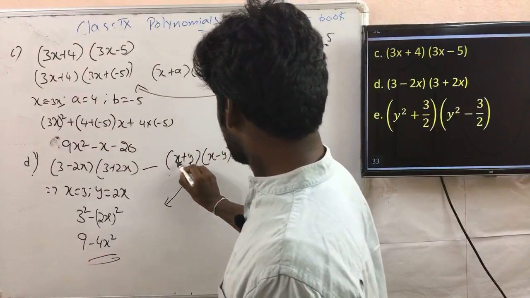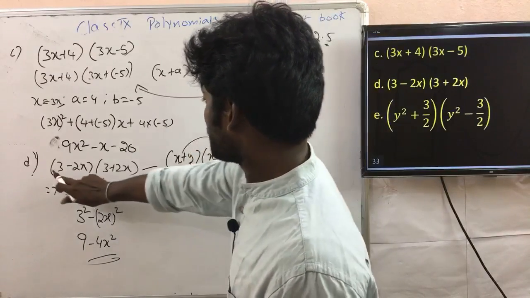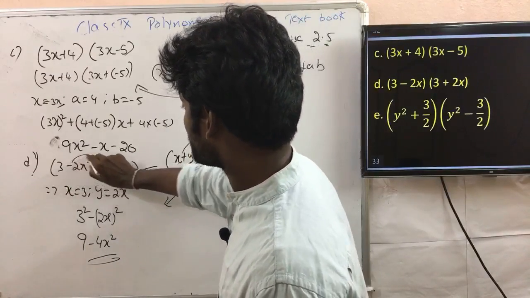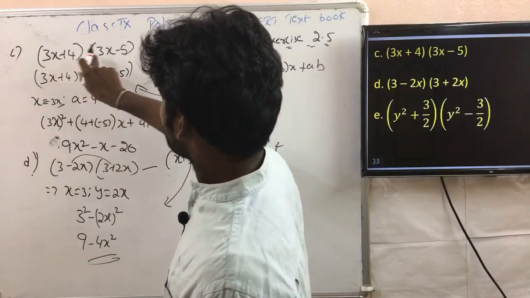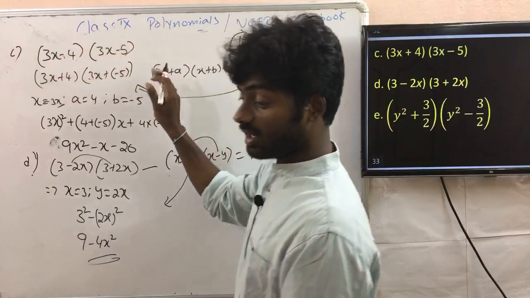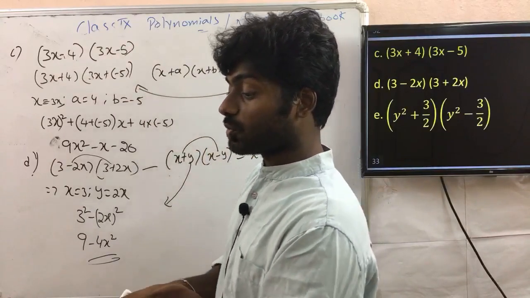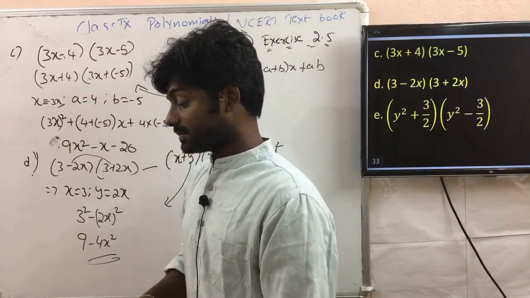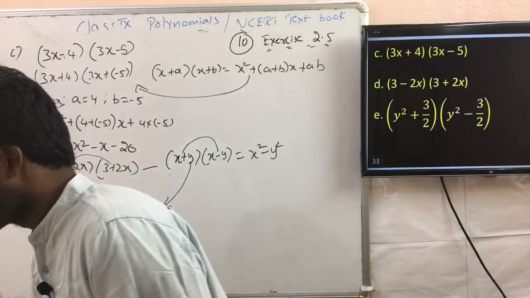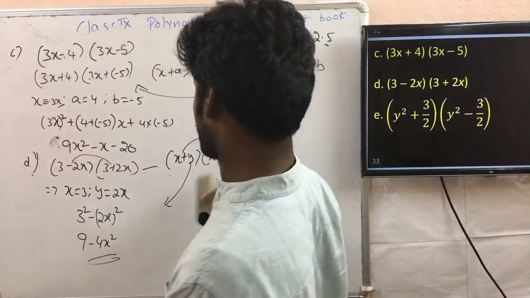See here, both have the same term, only the sign will change. 3 minus 2x, 3 plus 2x, only the sign is changing, but here it is different. 3x is common, x is common, but a and b are different. Observe carefully and follow with the identity. If you have any doubt, you can type in the chat box. As Ashutosh said, it is not 9 plus, it is 9 minus 4x square. Very good.